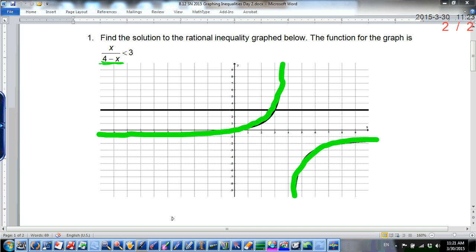Okay. What's the graph of 3 look like? Horizontal line when y is equal to 3.